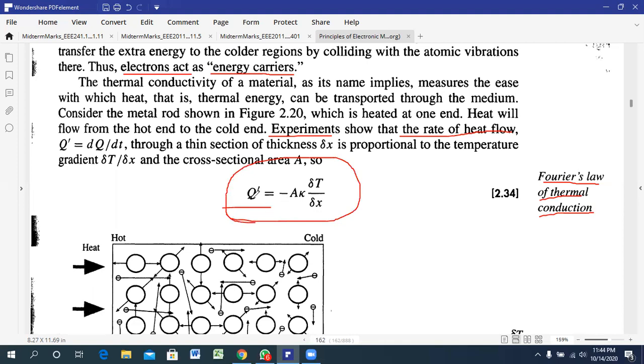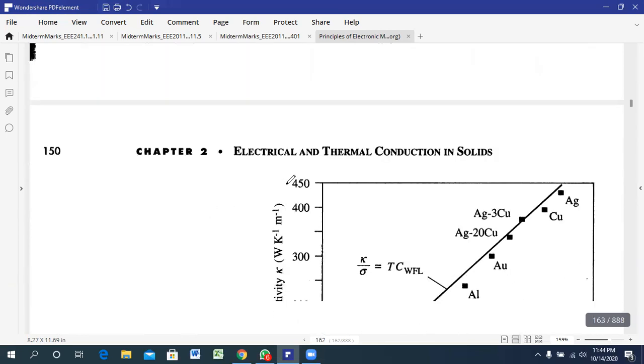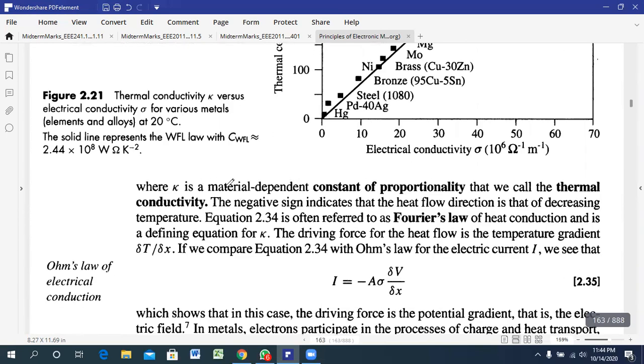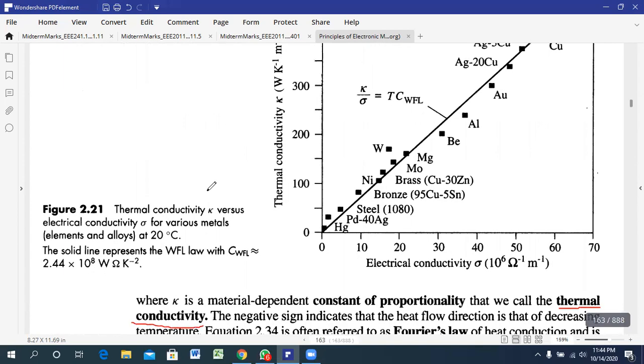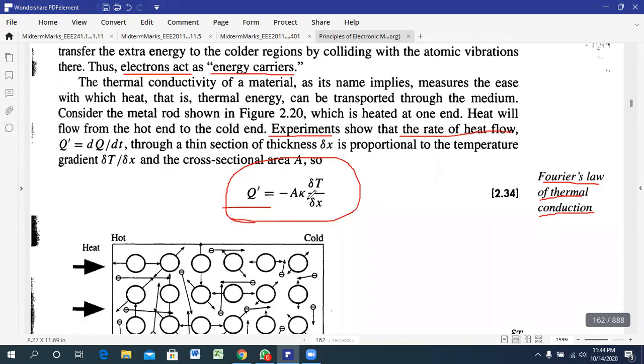So please take a pen and paper and write down this equation: q prime equals minus kappa A delta T divided by delta x. This k is the material-dependent constant, or the constant of proportionality. That one is known as thermal conductivity. So this k, or this kappa, is known as thermal conductivity.